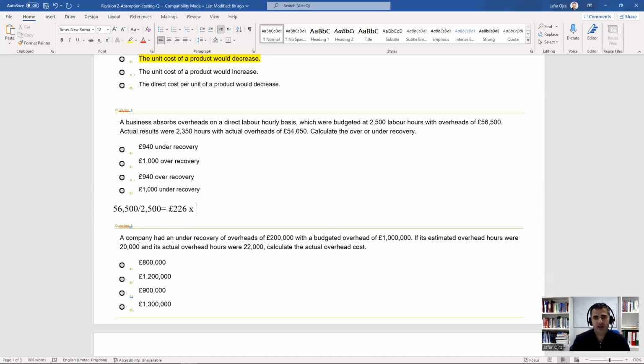Then you multiply it by the actual hours, which is 2,350. That makes 53,110, right? If you compare 53,110 with 54,050, there is a difference of 940, isn't it?